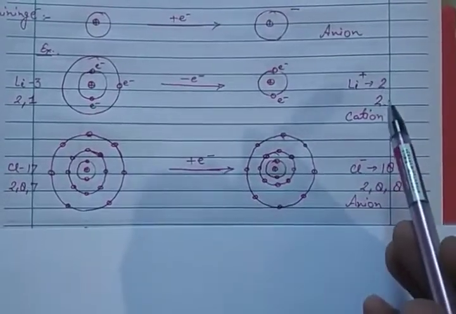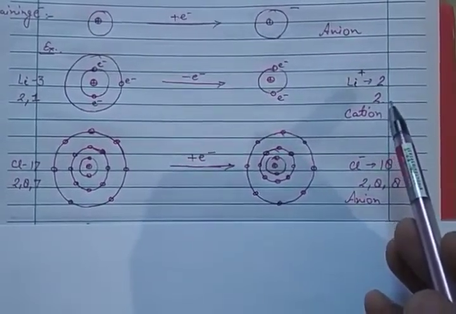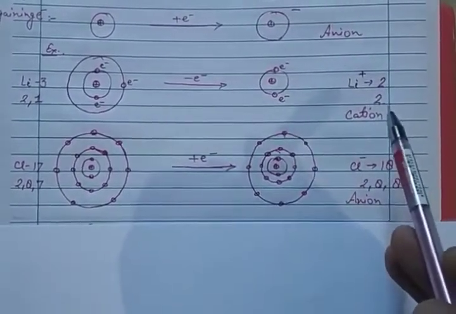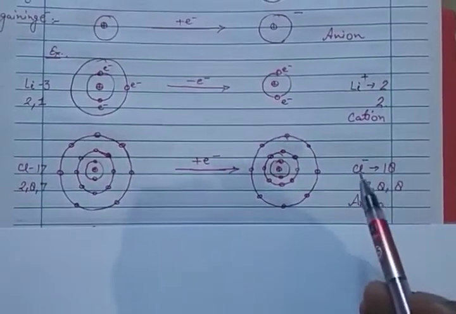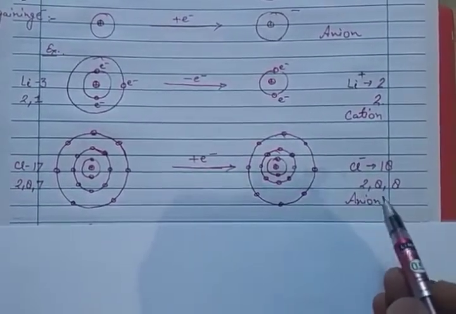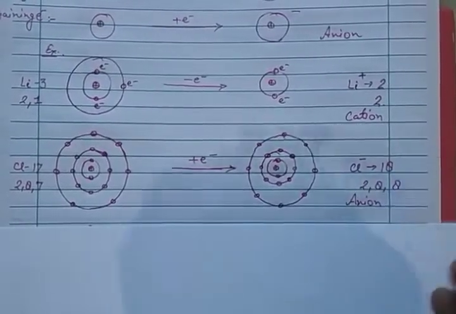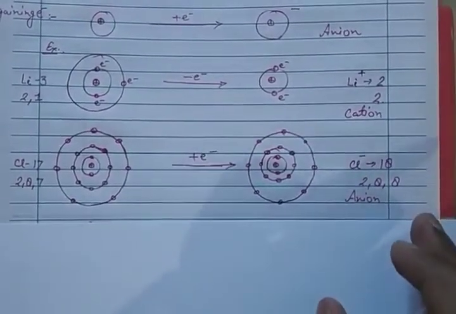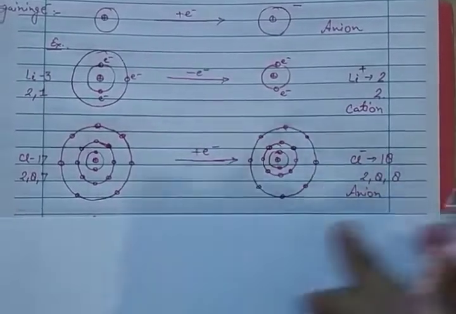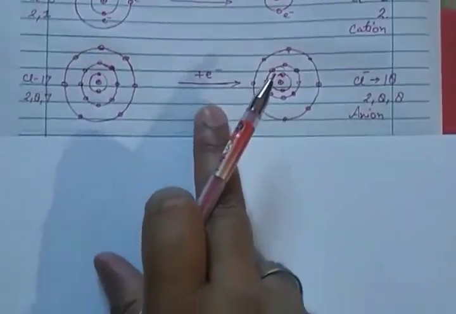So lithium follows the configuration of helium, which has only 2 electrons, and chlorine follows the configuration of argon, 2, 8, 8. So here are the examples of how anions and cations are formed.